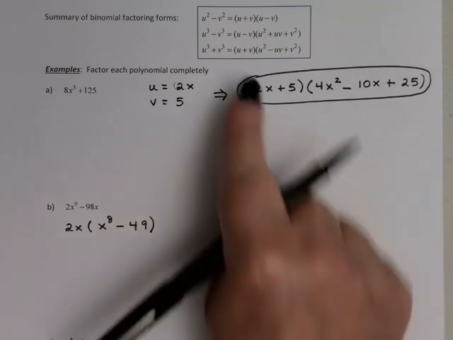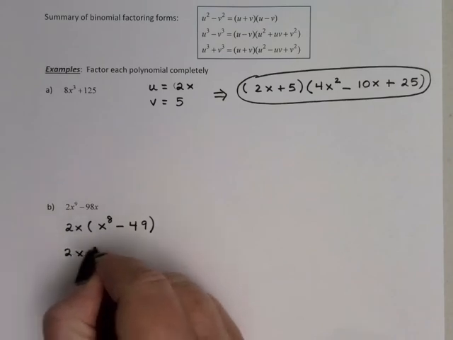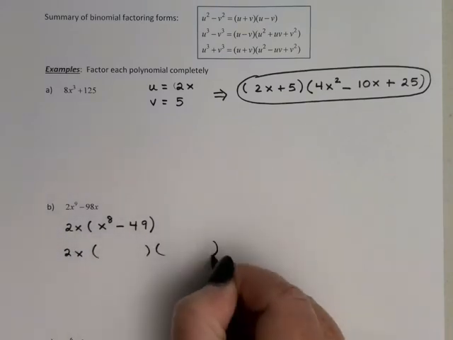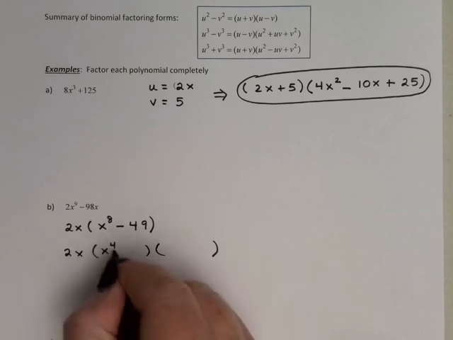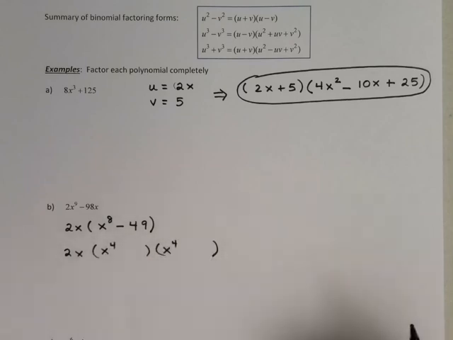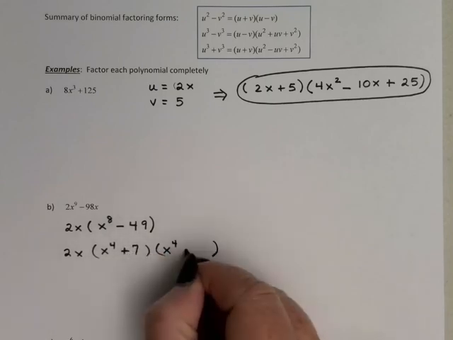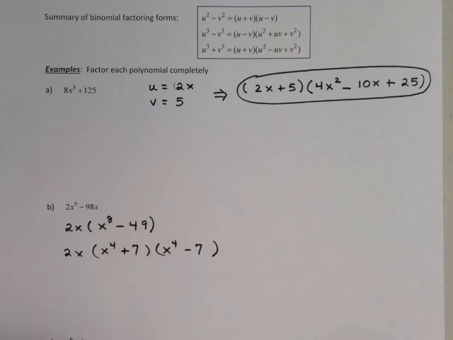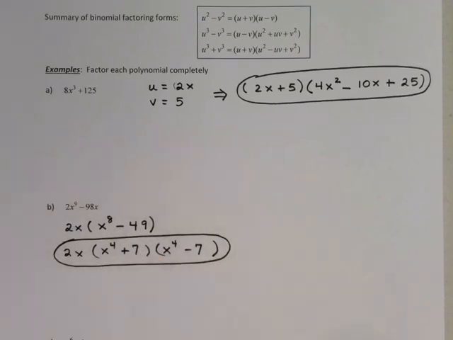So I'm going to use my difference of squares pattern here. X to the 8th is x to the 4th times x to the 4th. And the negative 49, I'll do that as a plus 7 and a minus 7. And that one is done as well.